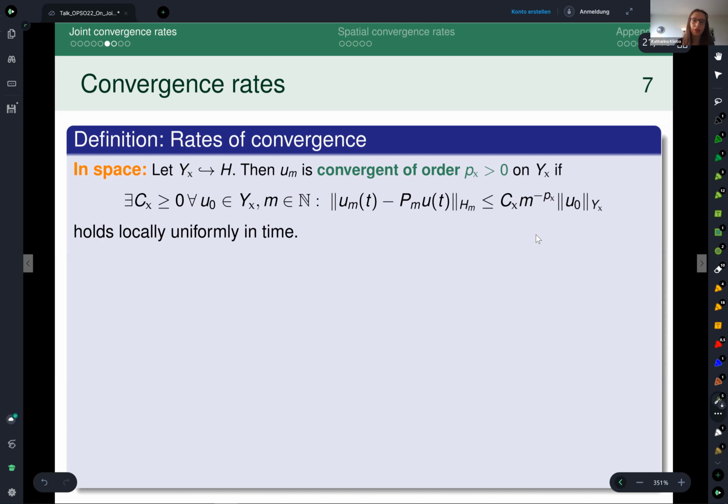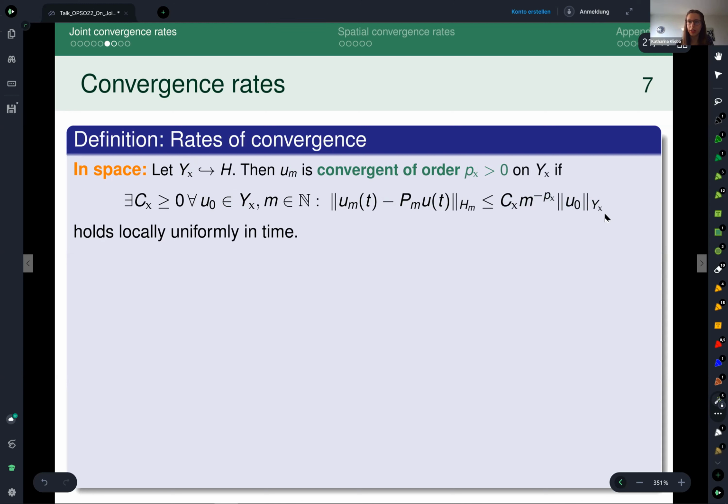So assume we have some space Y_x densely embedding into H. And then if the initial datum is sufficiently regular, then we say that u_m is convergent of a certain order p_x if the spatial discretization error can be bounded by a constant times the stronger norm of the initial datum times m to the minus p_x.